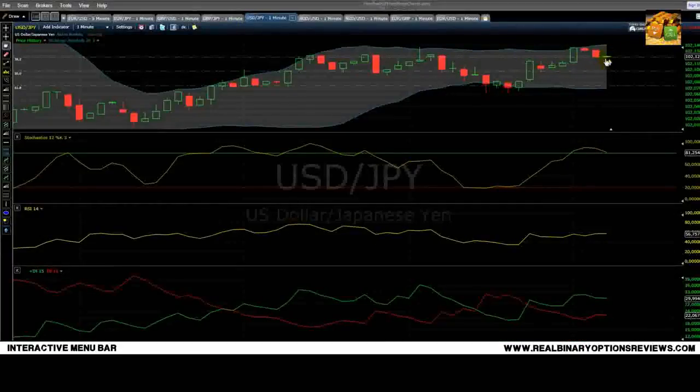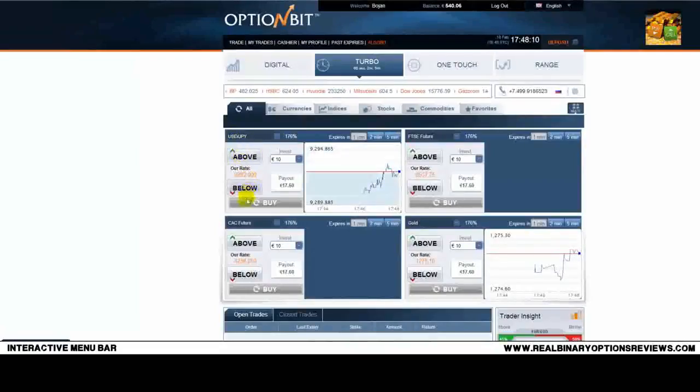So I want to see what's happening on the chart, and the price is consolidating in this area. So we still might see movement downwards or movement up. But I'm getting a green line here above the red line. So I'm just going to enter a fast trade, a 60-second trade for the US dollar yen to go up.